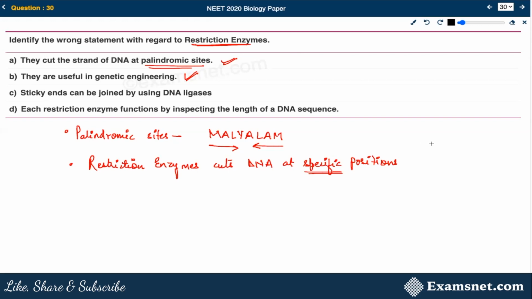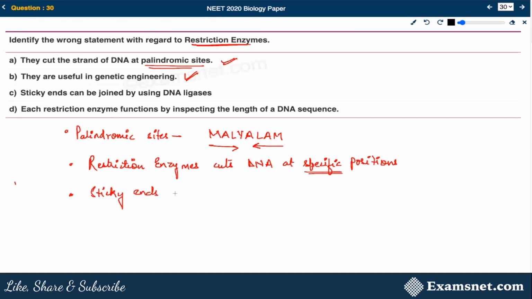Sticky ends are actually the ends which contain any kind of free or hanging or unpaired nitrogen bases. So if I have to write about the sticky ends, then what are they?